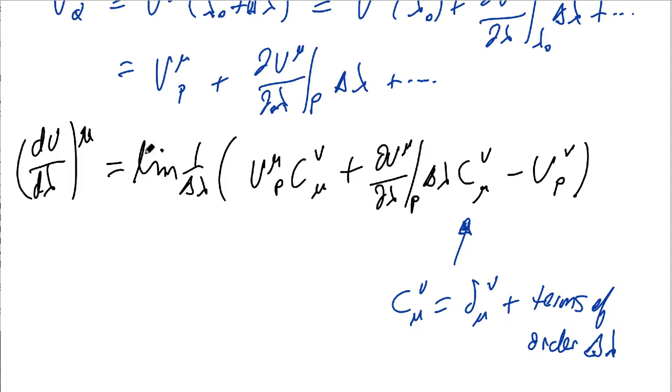In this expression where we're ultimately taking the limit, we only need to keep terms of first order in smallness in Δλ in the parentheses here. We already have a factor of Δλ. So I'm free to replace this C^ν_μ with the Kronecker delta δ^ν_μ.